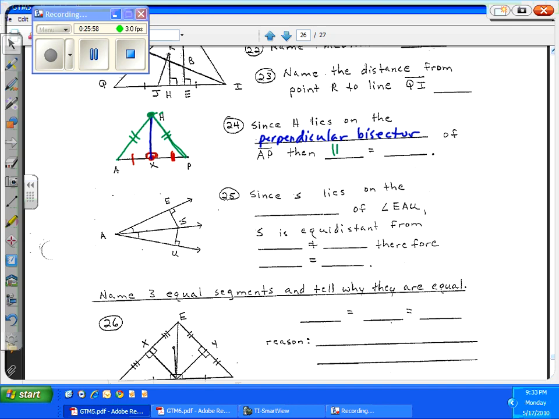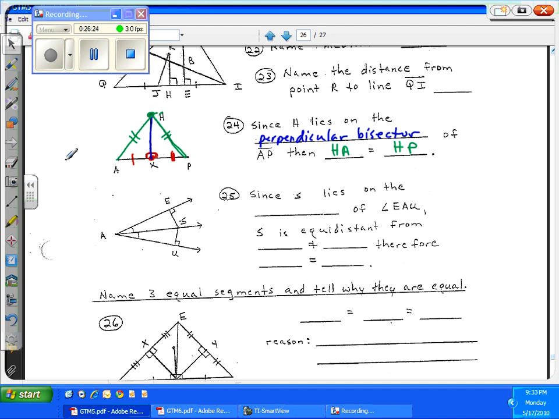And so segment HA, or the distance from H to A, is equal to segment HP, or the distance from H to P. Okay? A point that lies on the perpendicular bisector of a segment is equidistant from the endpoints of the segment.